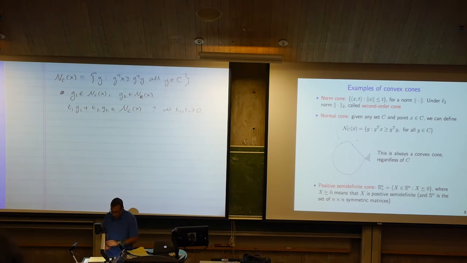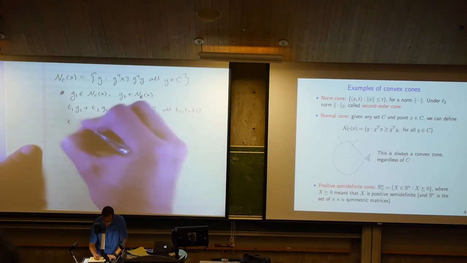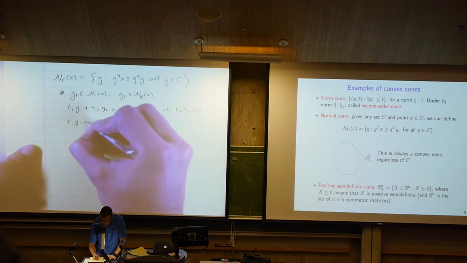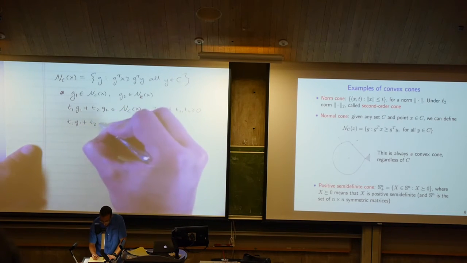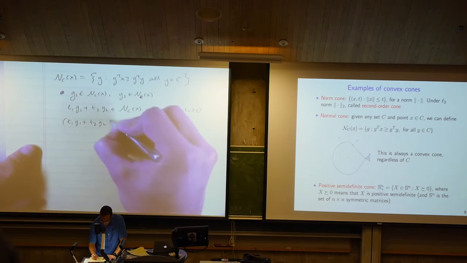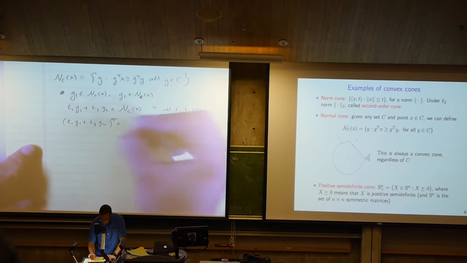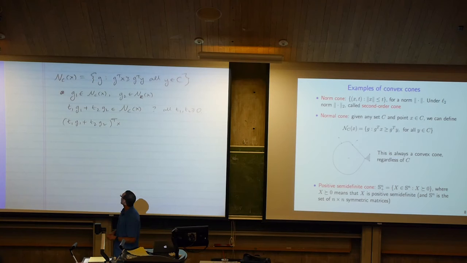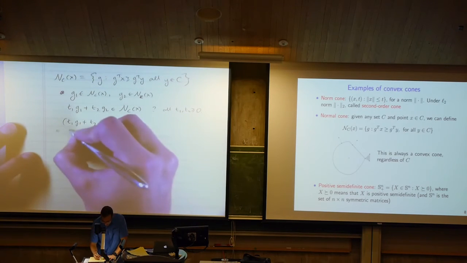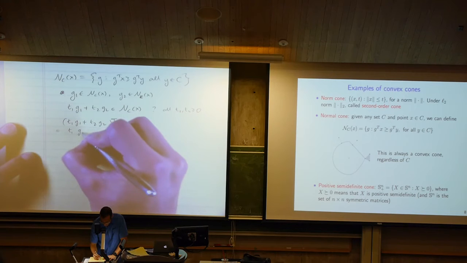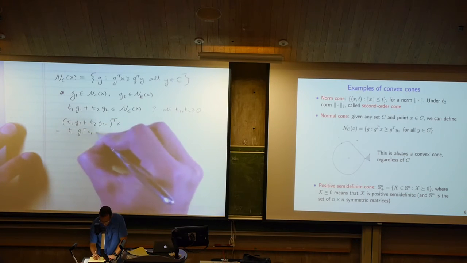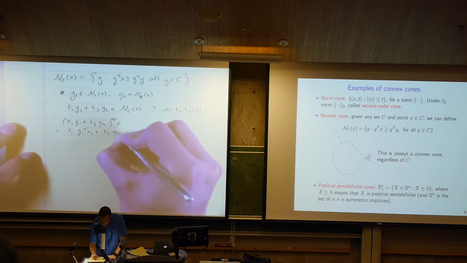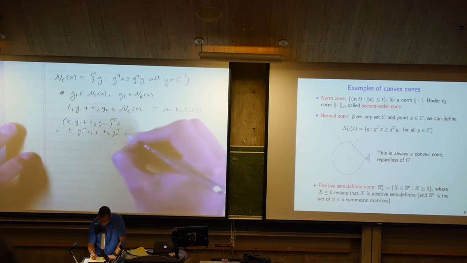That's quite easy to do because I just take an arbitrary y and compare the inner product of this vector with x to the inner product of this vector with y. First I can just expand this out, since the inner product is a linear operator.